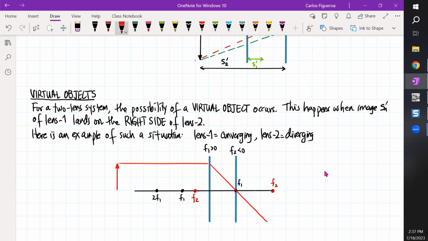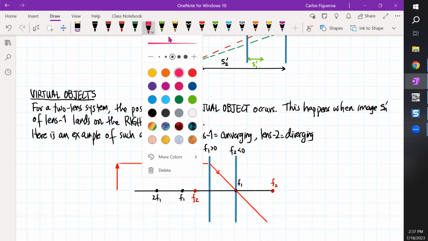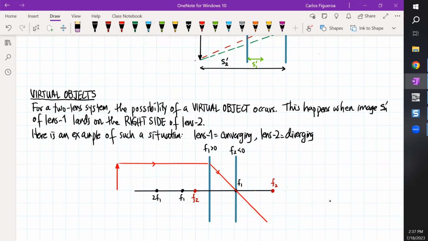Now remember, I'm going to erase this ray to keep it clean. Okay, so then it goes like this. Now I need my second ray. The way I'm going to pick my second ray is to go through the center of the lens, and it's going to look something like this.